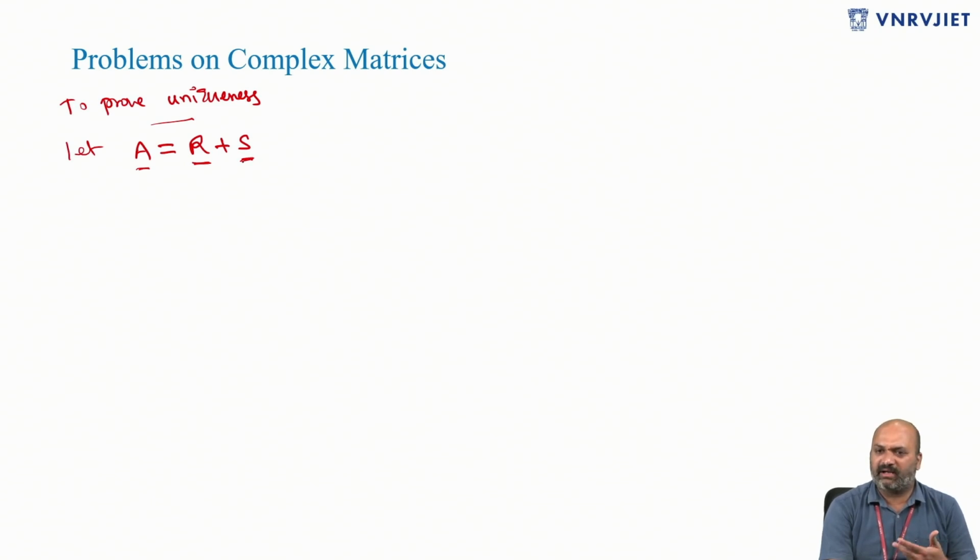That is, R and S are two other different matrices, not like P and Q, where R is Hermitian and S is a skew Hermitian matrix.